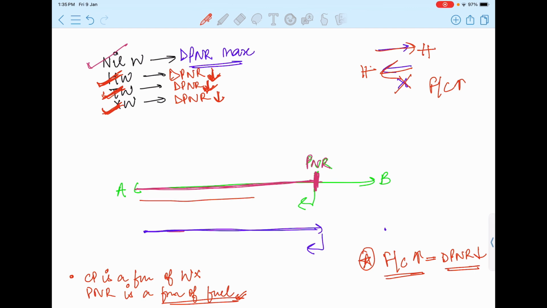So earlier, when your PNR was here, in case of headwinds, tailwinds or crosswind, your PNR has shifted to here. This is your new PNR. It has shifted backwards. So what we studied is that in case of nil winds, the dPNR will be maximum, but in case of headwinds, tailwinds and crosswinds, our PNR will reduce. Our PNR will shift towards the departure.